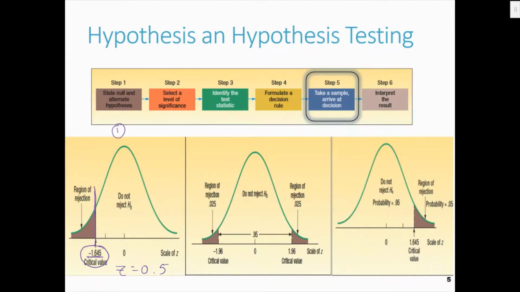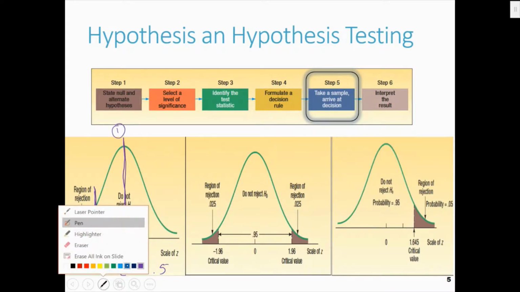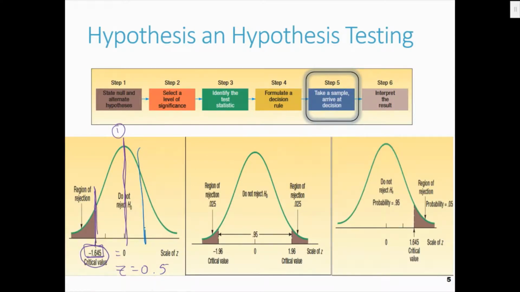The line Z in the middle is always 0, so 0.5 will be a positive number, a line more than 0. If your test statistic is a positive number, then you are in this region, which means you do not reject H0.